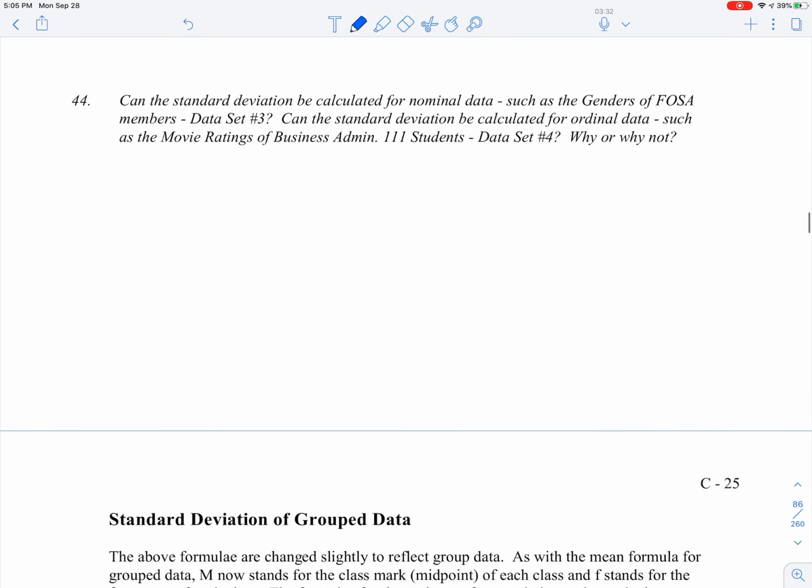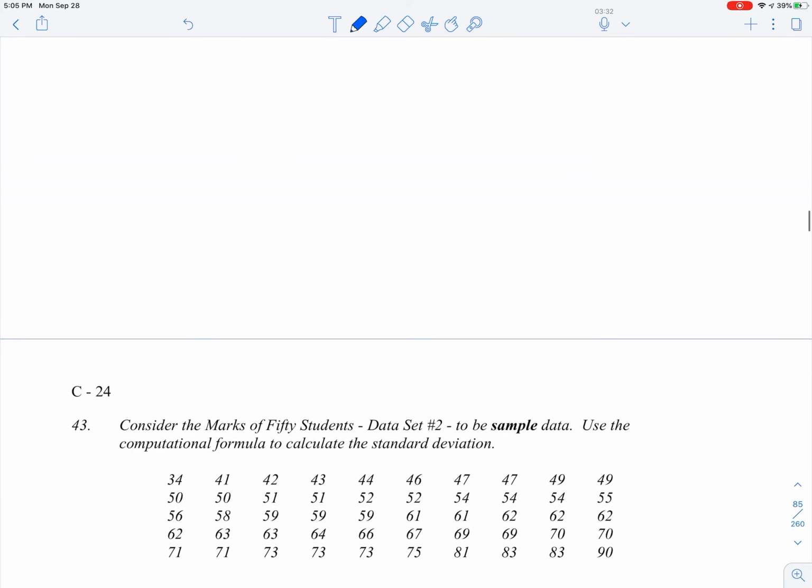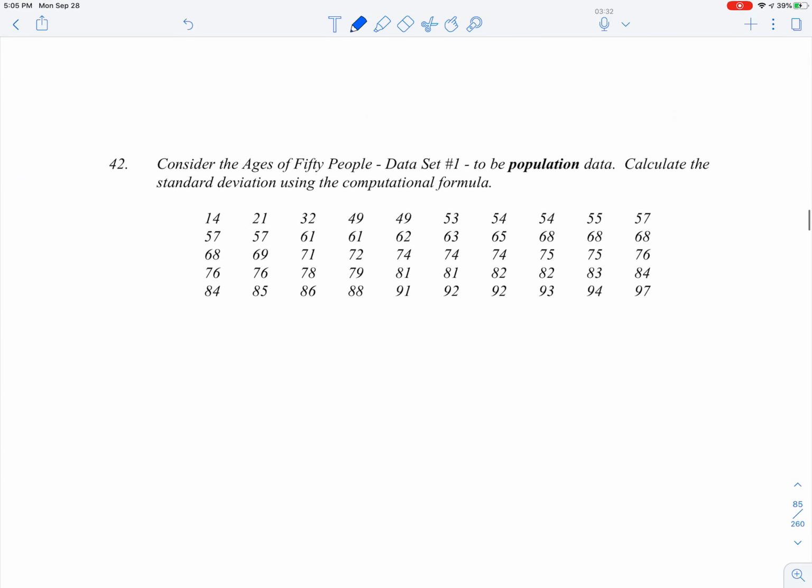Now, let's actually finish these two off here. Consider the ages of the 50 people. I would assign this for homework, but there's 50 numbers, so let's just walk through it. I'm going to use the computational formula: sigma squared is equal to the sum of the x squares over n minus mu squared.